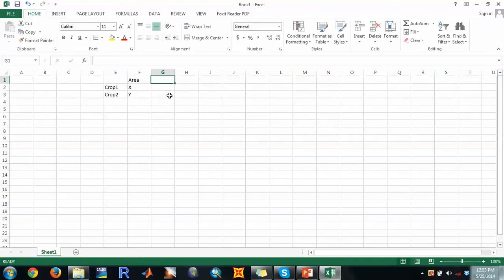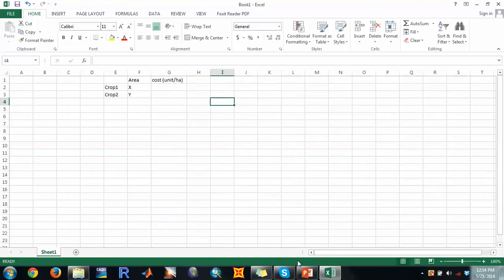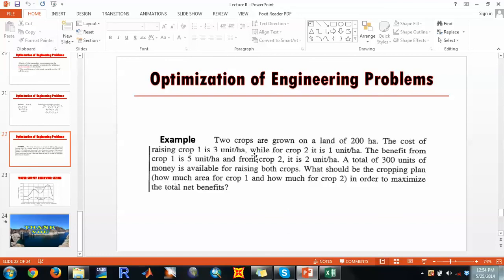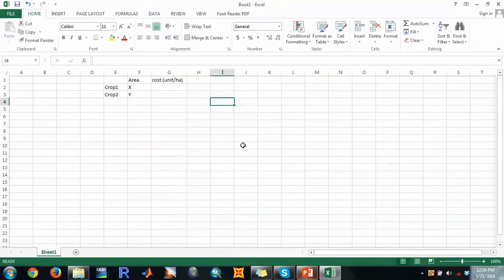Cost-wise, per unit area, in units per hectare: for crop 1 it is 3 units per hectare, and for crop 2 it is 1 unit per hectare.